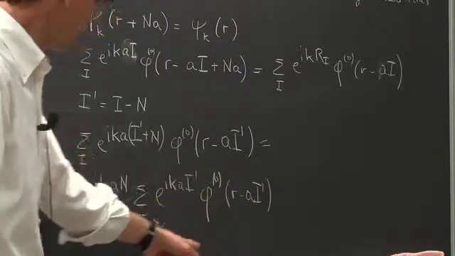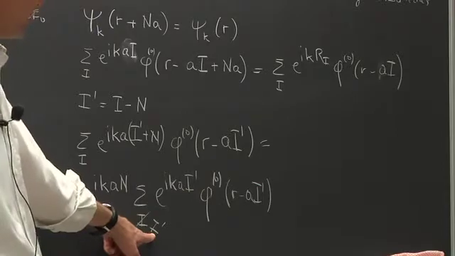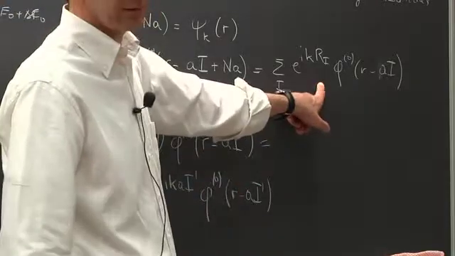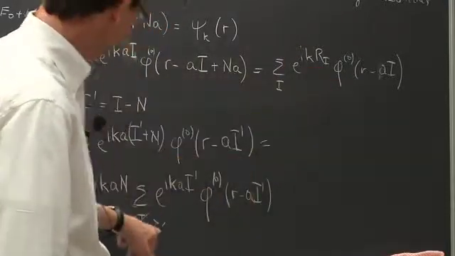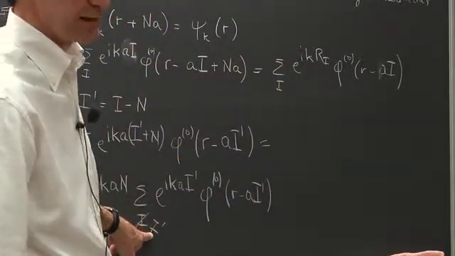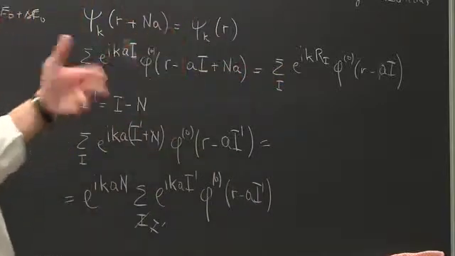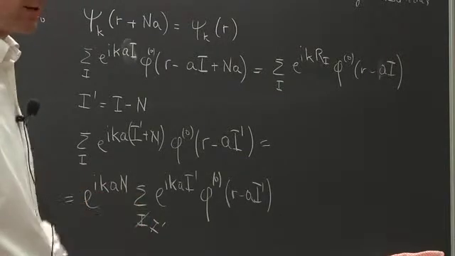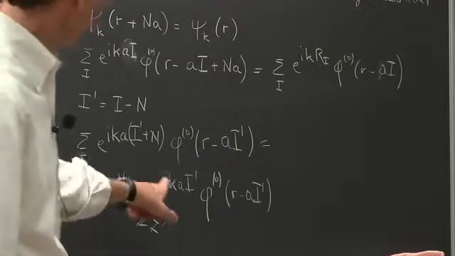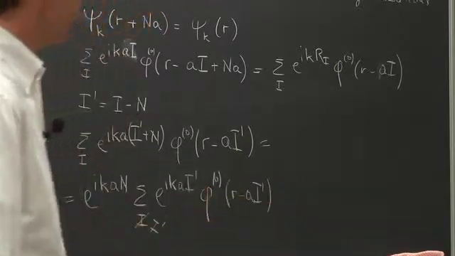But this object now, with i prime, is identical to the right-hand side, right? The only difference is that the index is called in a different way, i prime here and i there, but a running index I can give any name I like, as long as it runs over the same range of values, which is minus infinity to plus infinity. So this object is the same as the right-hand side.